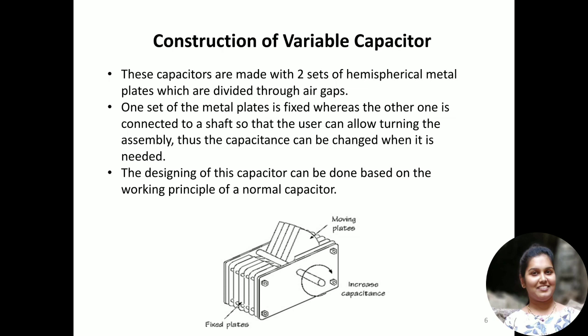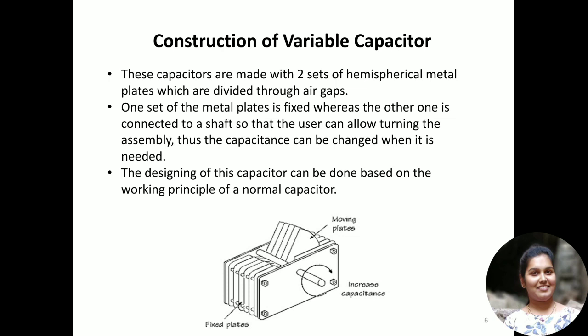Not like fixed capacitors, these capacitors are designed to change the level of capacitance. In most cases, variable capacitors can be achieved by changing the distance among the parallel plates within the capacitor. So this is how a variable capacitor looks like, and this is how it works.